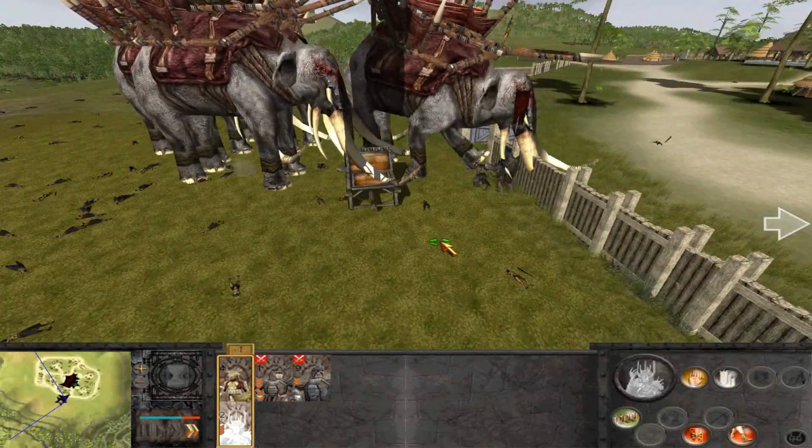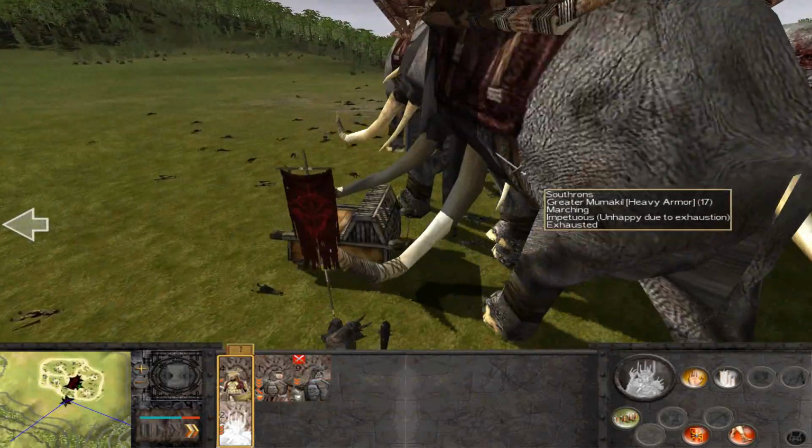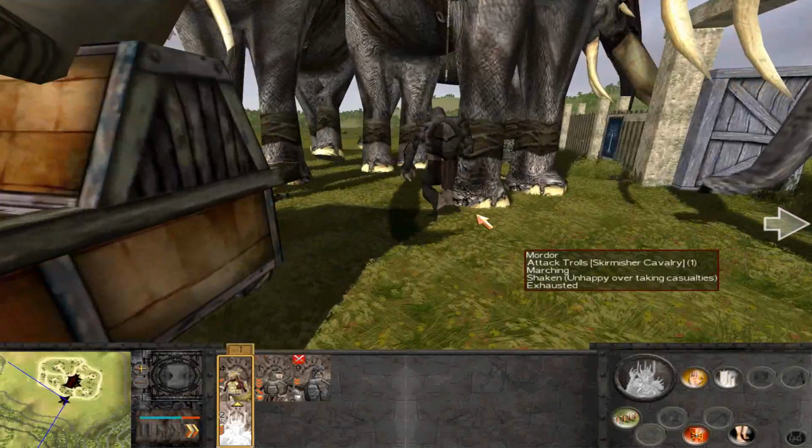Right, we are almost defeated now. Still have 2 Southrons left, but the main one died.